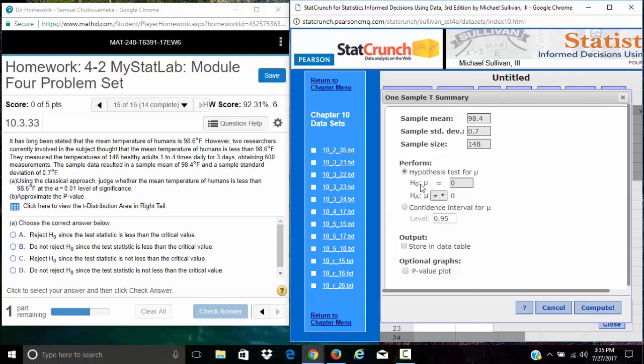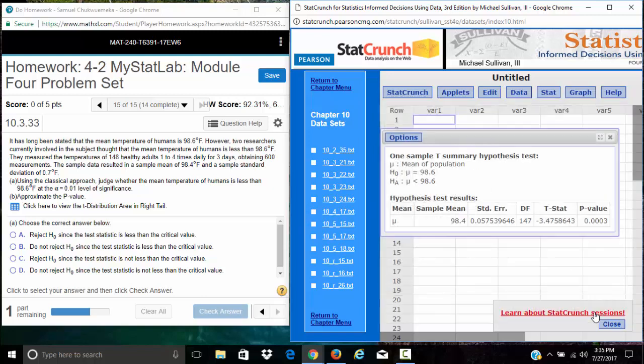Test hypothesis: the null hypothesis is the mean 98.6. An alternative, they thought that is less than. It is left-tailed, one-tailed. And you click compute.